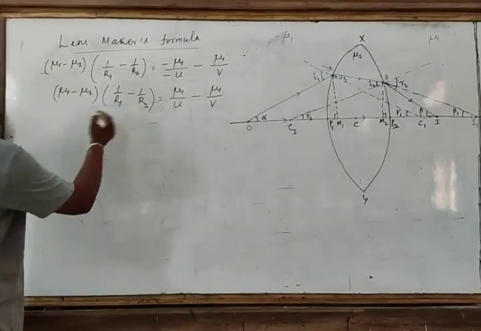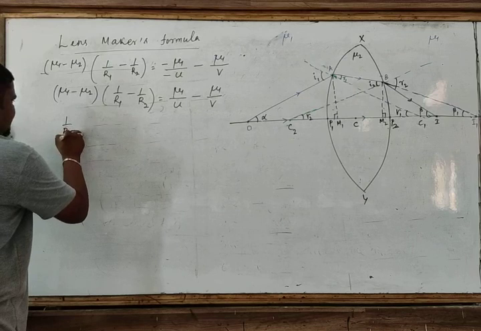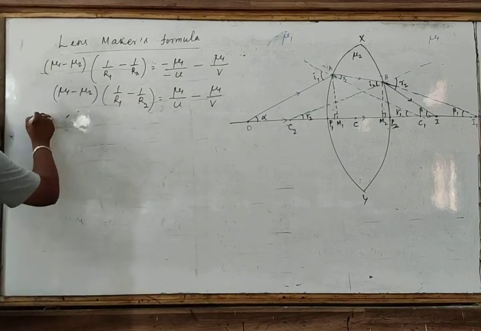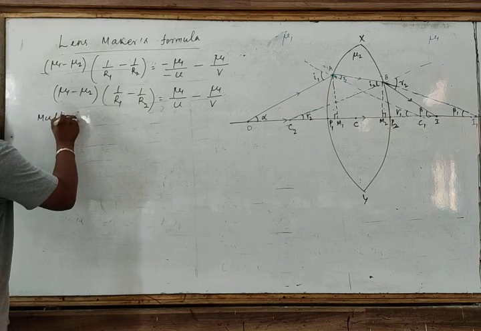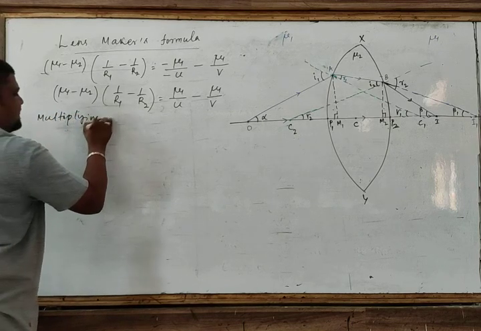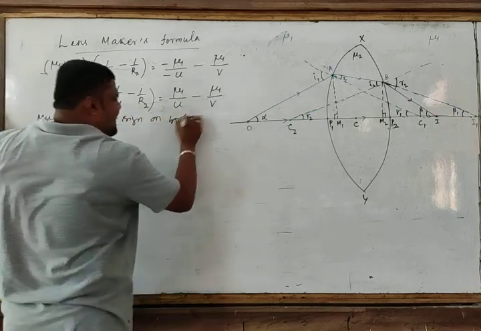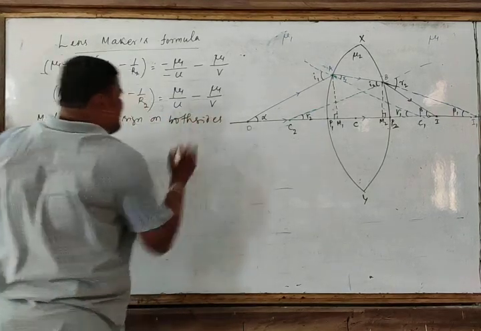Now, multiply a minus sign on both sides so that we get a relation as per our requirement.